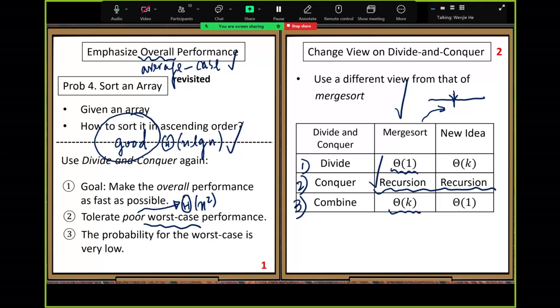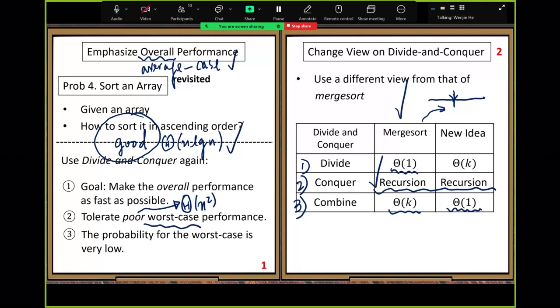But for the new idea, we want to do it in a completely different way. This time, we want to make our combine step, where we get two ordered arrays and put them together to form a new larger ordered array, the minimum amount of work.